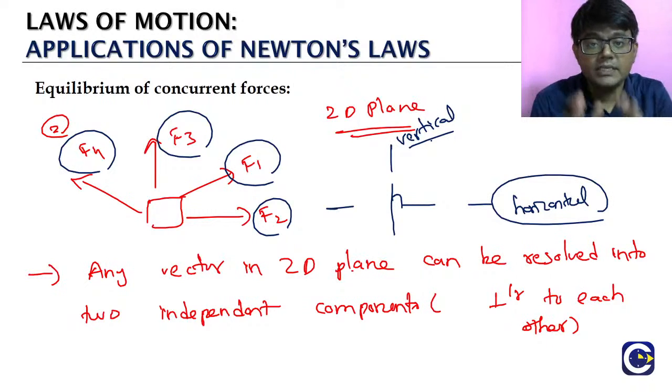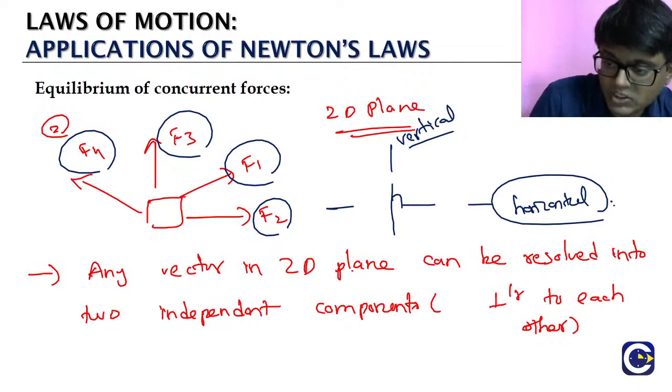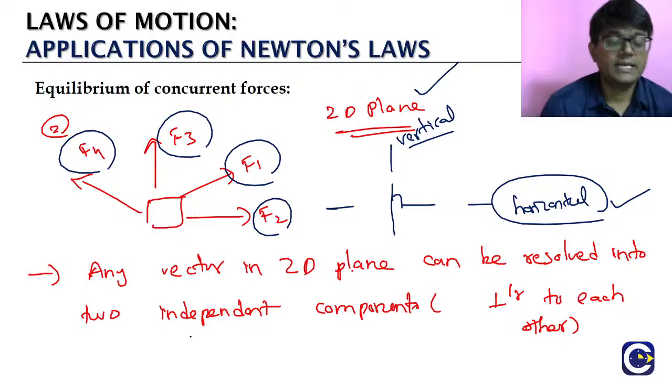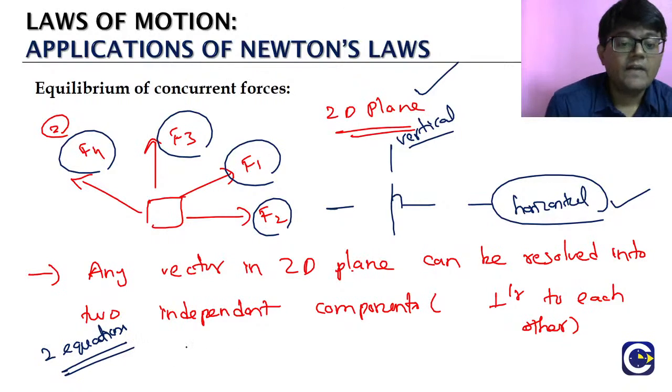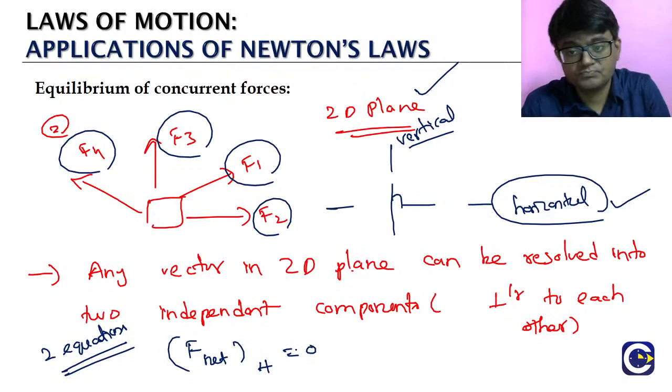Now equilibrium means that in any direction there should be equilibrium. So along the horizontal direction there will be equilibrium, and along the vertical direction also. Here we will get two equations. When you add up all the horizontal components of forces, they add up to 0.